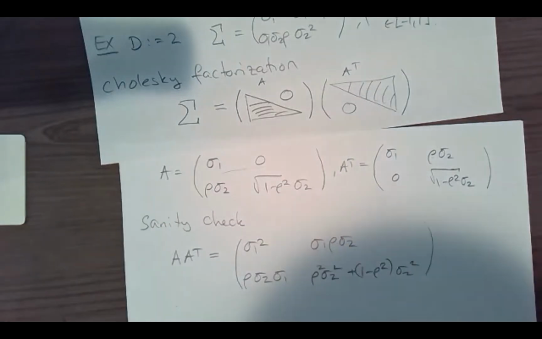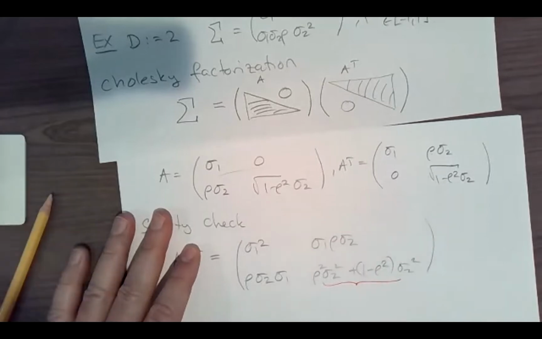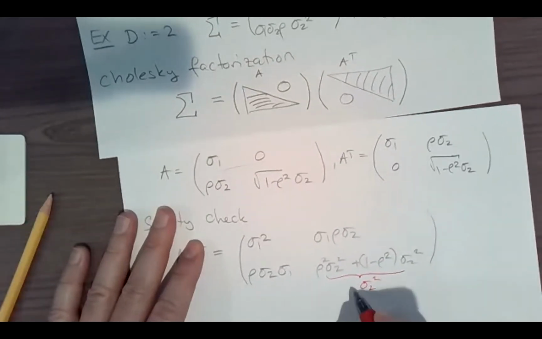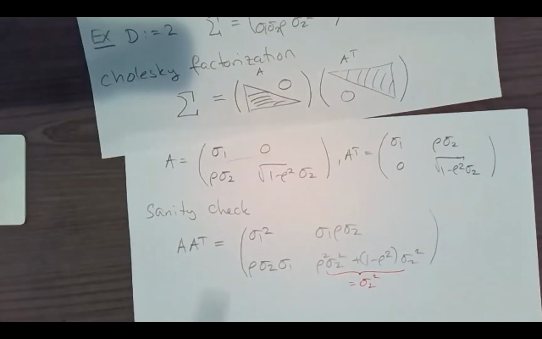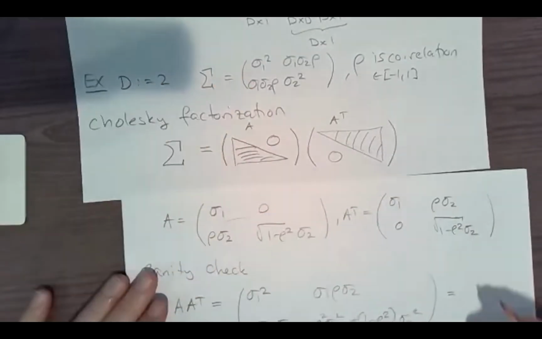That quantity simplifies. This thing here becomes just sigma 2 squared. And that's exactly my sigma from the top.